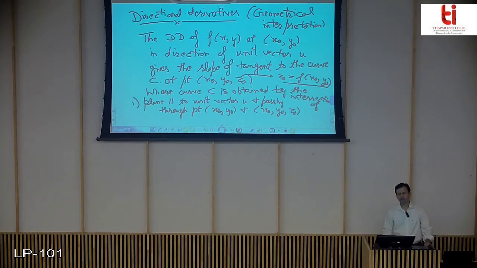So this is the only difference. In the previous case the plane was y equals y0, but here the plane will be parallel to the unit vector, passing through those points. And secondly, the surface z equals f(x, y). The curve is obtained by the intersection of the surface with the plane that is running parallel to the unit vector.